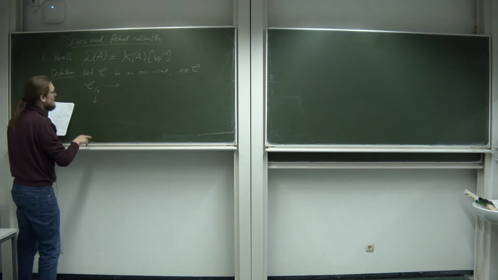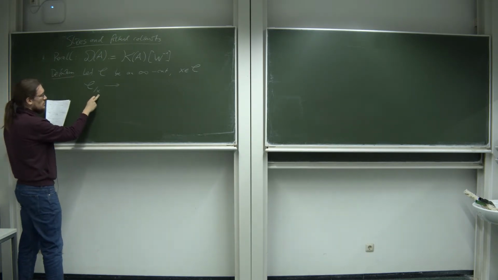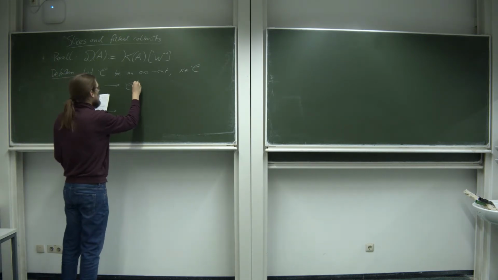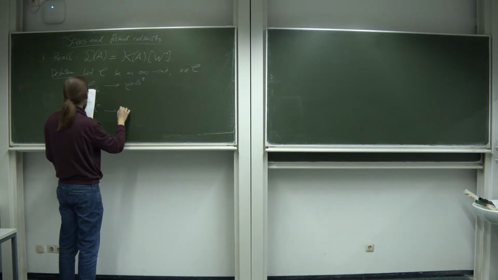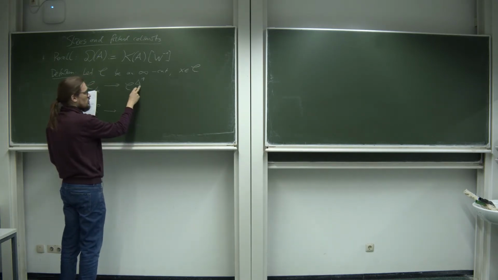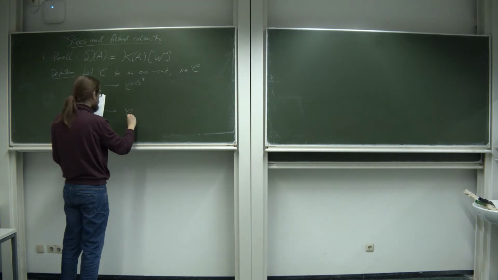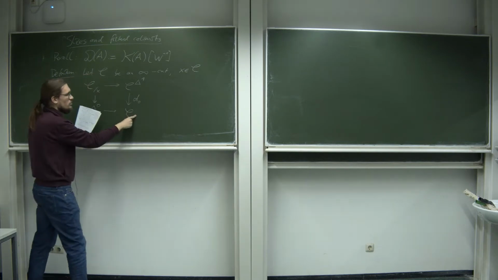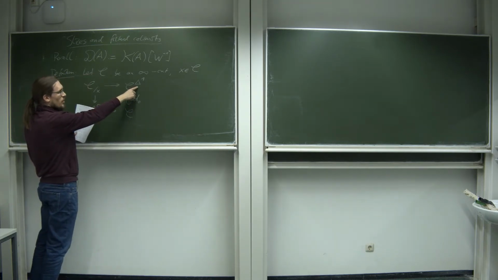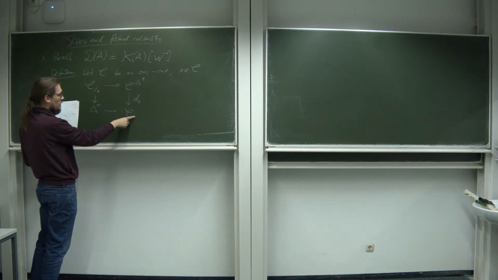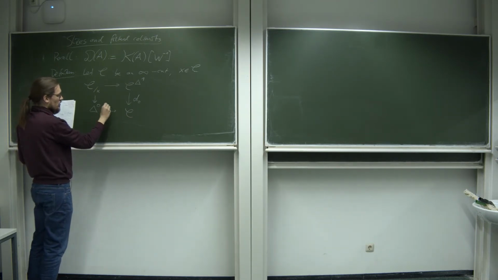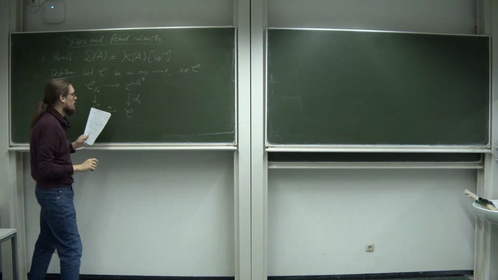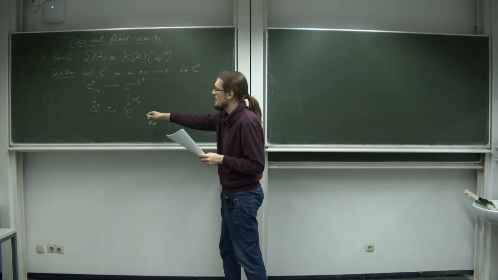One is the slice category over X, which is obtained by taking the diagram category of functors from delta 1 to C. Then we can look at the map d0, which sends every arrow to the object at its target, and we pull that back along the map from delta 0 into C that sends the point to X.